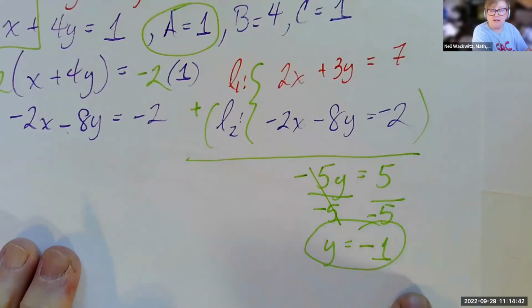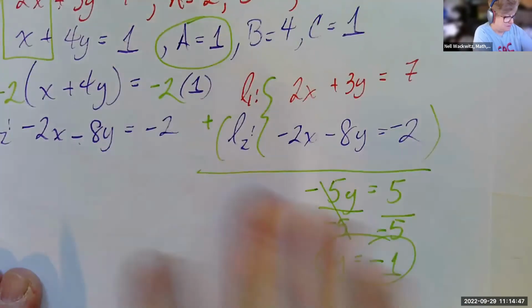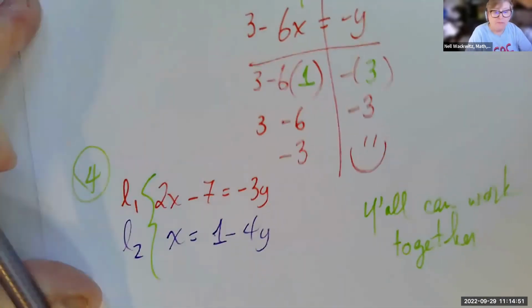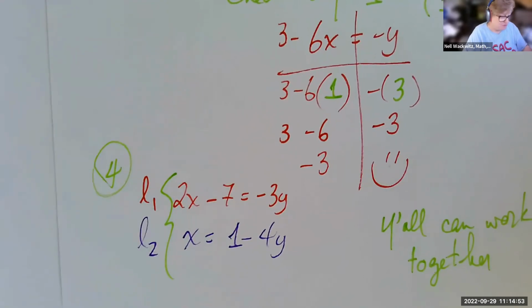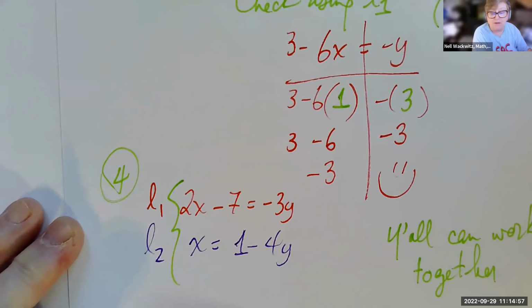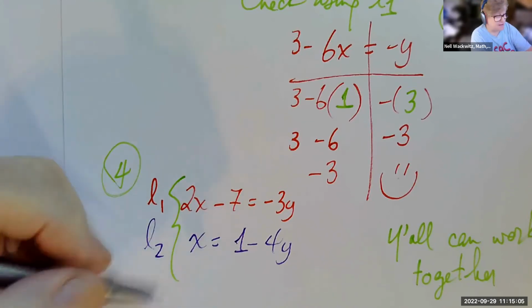We have an answer for one of the variables. So we're going to go back to the original. Which equation would you like to choose to find x given y? We can choose at this step.